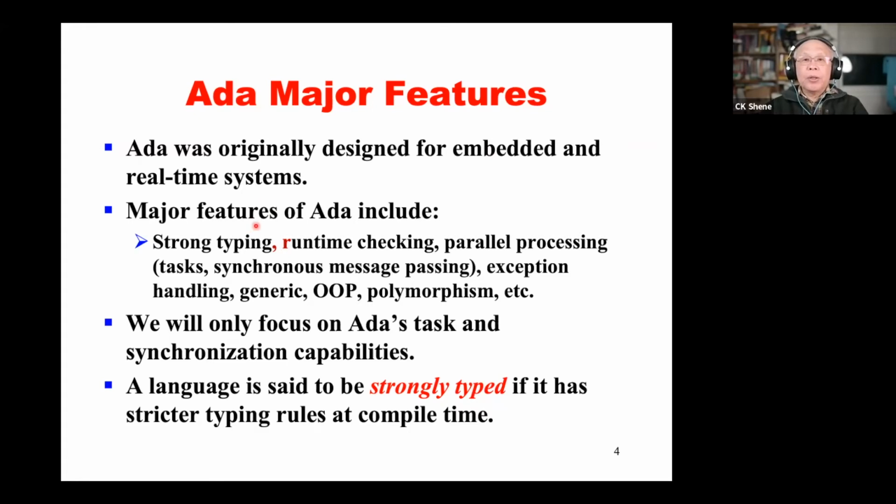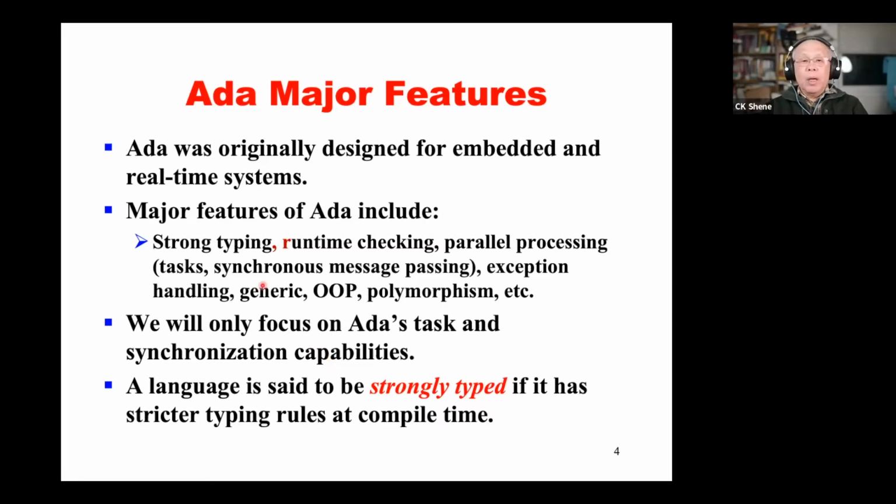Major features of Ada include the following: strong typing, runtime checking, parallel processing, which includes task synchronization and so on, exception handling, generics, very similar to a template or parametric type, OOP, which was added later, and polymorphism and so on. As you can see from this list of features, Ada is a very powerful programming language, although rather big. We will only focus on Ada's task and the synchronization capability.